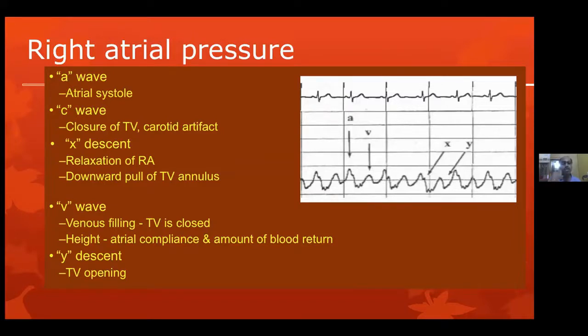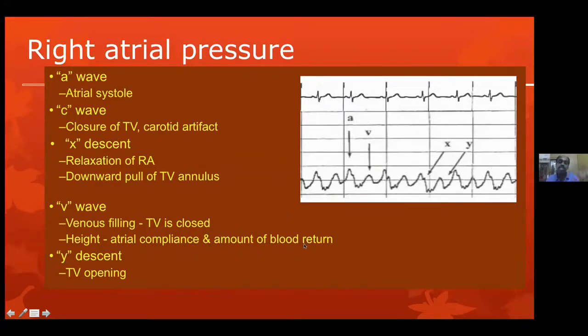So in other words, if there is an atria which is very small and there is a sudden increase in the blood return, as what will happen in an acute fluid bolus, or a sudden disease that produces a large amount of blood to enter the left atrium with the left atrium not being dilated, as in infective endocarditis mitral regurgitation or a catheter rupturing the mitral valve and causing mitral regurgitation, the V waves will be very tall. So V wave is primarily dependent on atrial compliance and the amount of blood return.